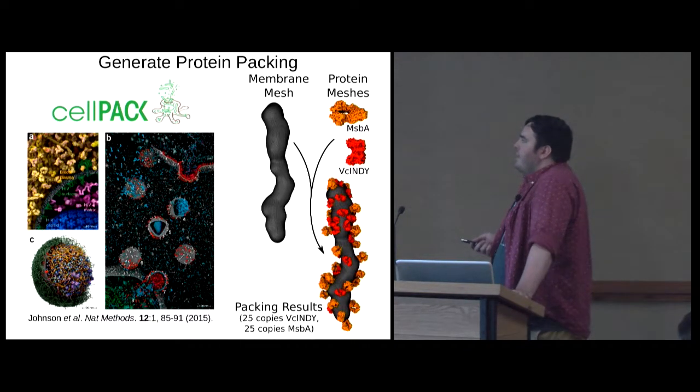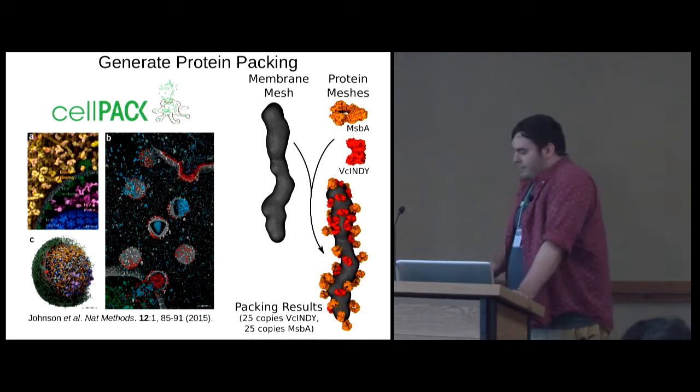So we used the synthetic system as the shape of the structure, as the representation of the membrane, and chose 2 arbitrary proteins to pack into the system. We ended up with a packing of 25 copies of each protein from Cellpack.